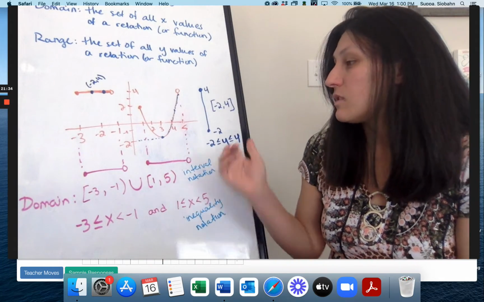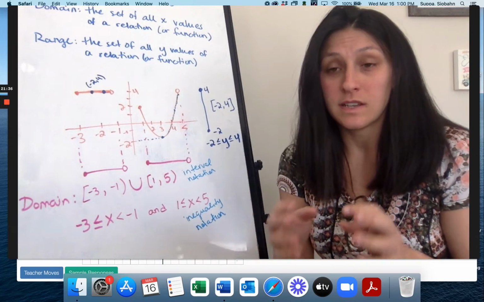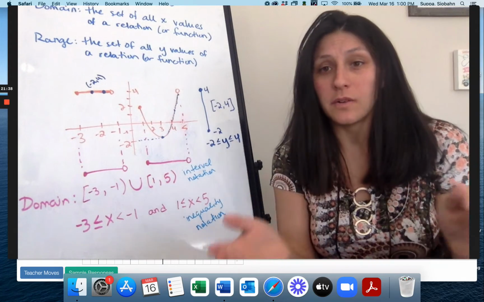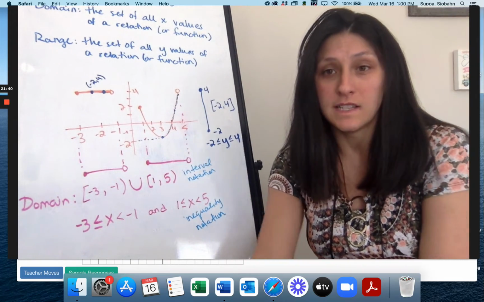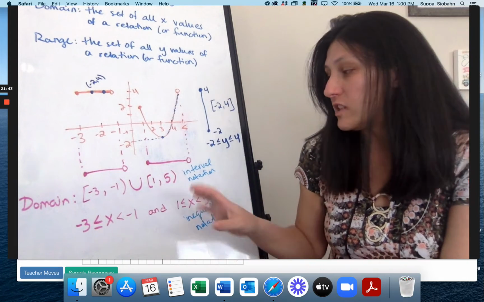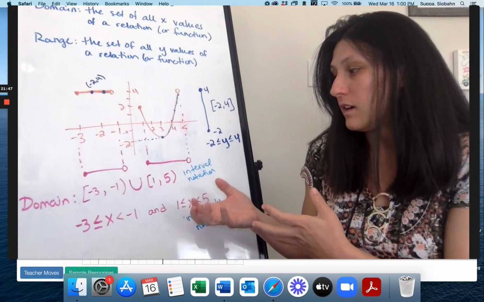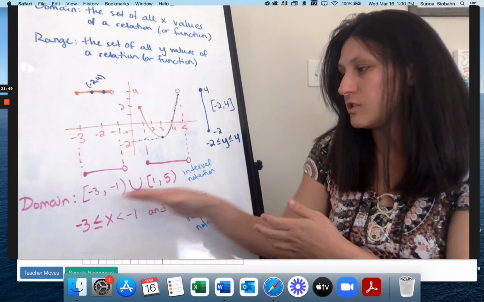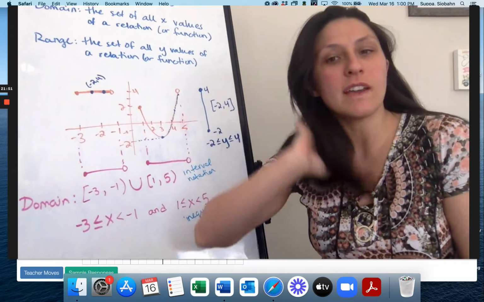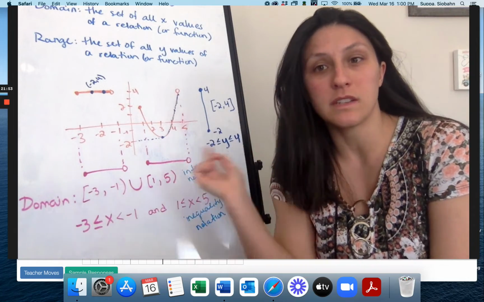The last way that you could describe the answer to these questions is in English. So if you're taking an assessment in my class and you're not quite sure of how to write the notation and you're getting confused with just the notation part of it, then write the domain in English the way we did the first example.